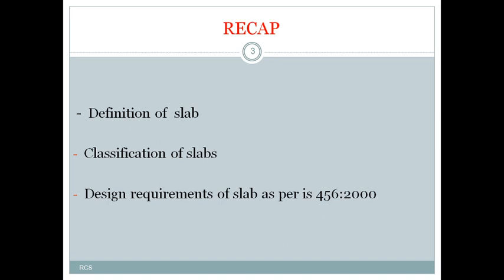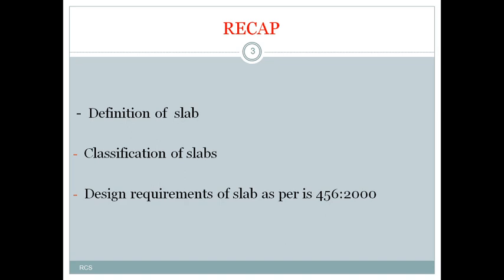Then we discussed spacing of main reinforcement and distribution reinforcement. The maximum spacing allowed for the main reinforcement is 3 times the effective depth of the slab or 300 mm, whichever is less. For distribution reinforcement, it is 5 times the effective depth or 450 mm, whichever is less.